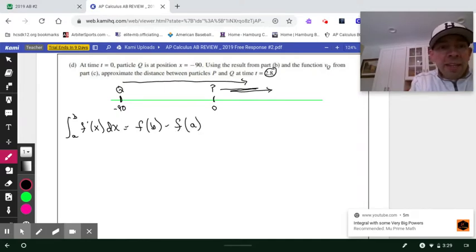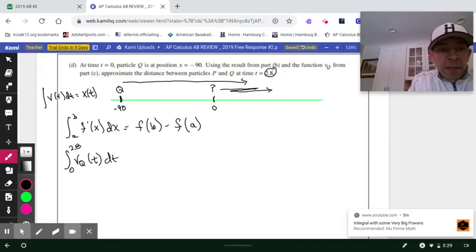And I think if you recall, the integral of any velocity function is going to be a position function, okay? So what I'm thinking is that if I integrate the velocity of Q, and let's say we want to do it from 0 to 2.8, that's guaranteed to produce the position of Q at 2.8 minus his position at 0.